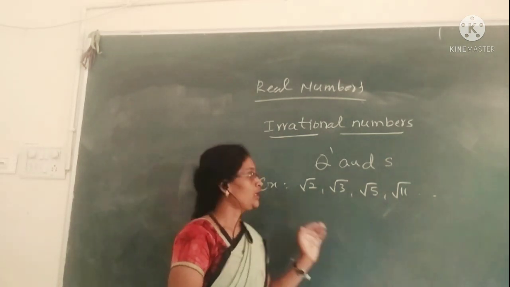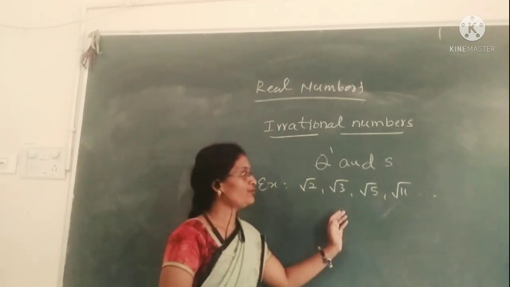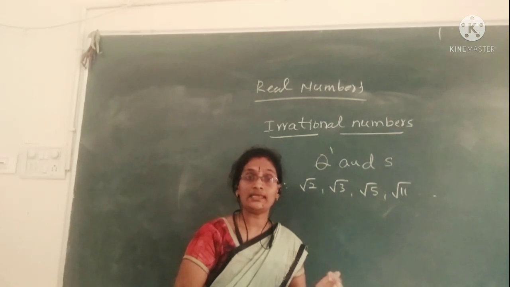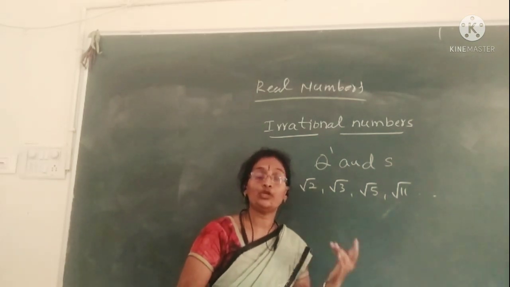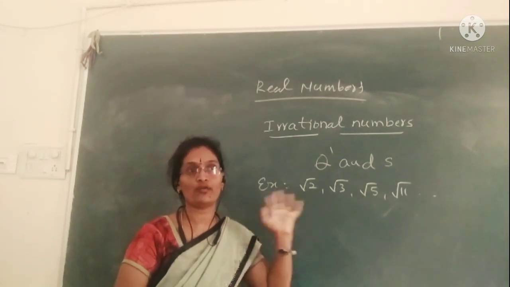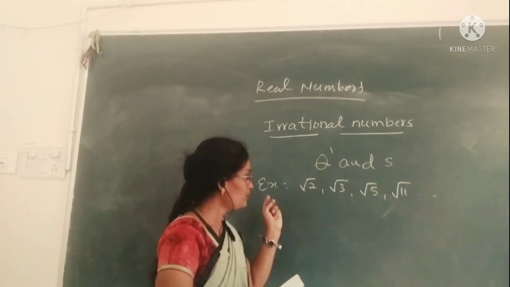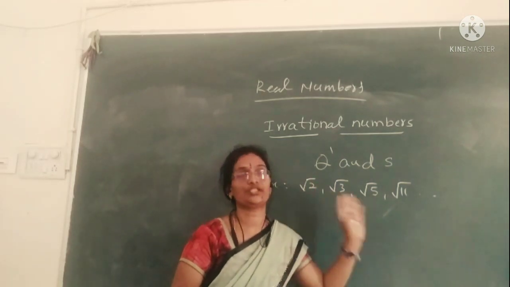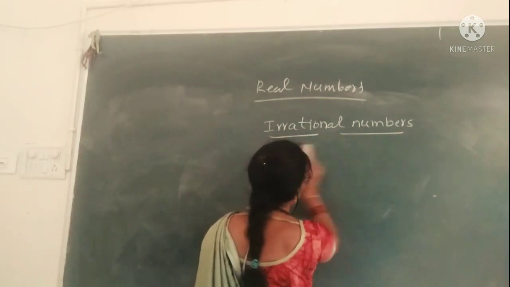To prove that a number is irrational, we need to follow a statement. So what is the statement?